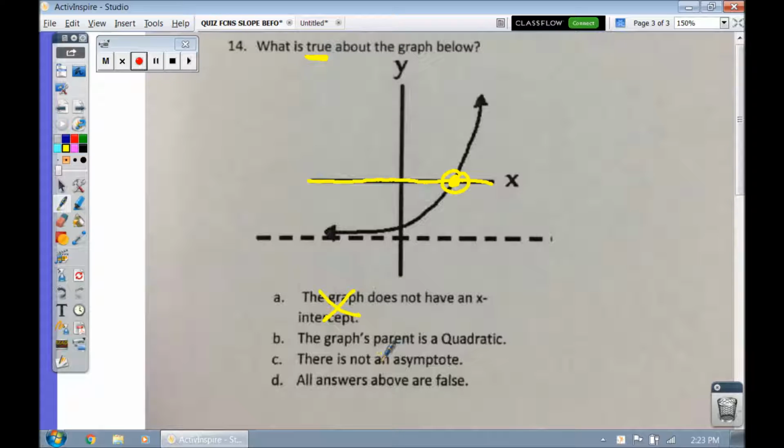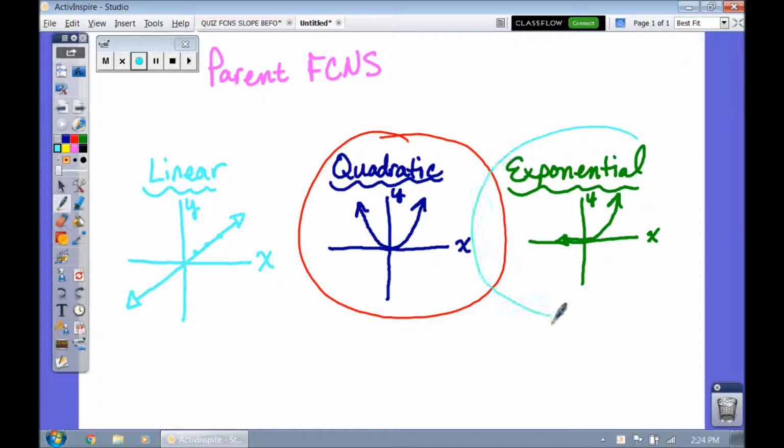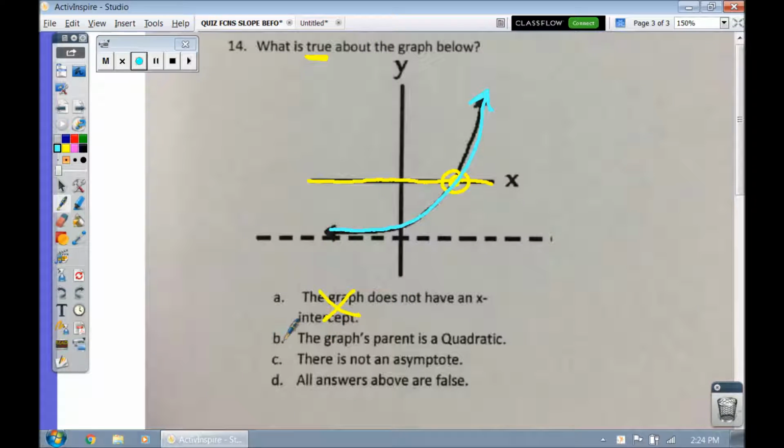Let's see here. The graph's parent is a quadratic. Well, if I were to trace this, it starts off and then boom, it rapidly goes up. And what do we call that type of graph? That is an exponential graph. That is not a quadratic graph. So let's look at C. There is not an asymptote.